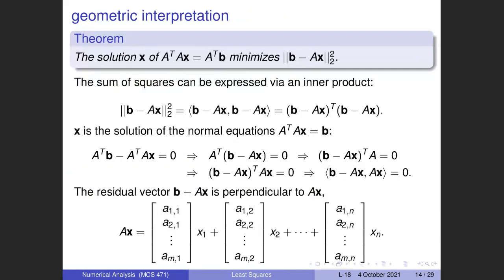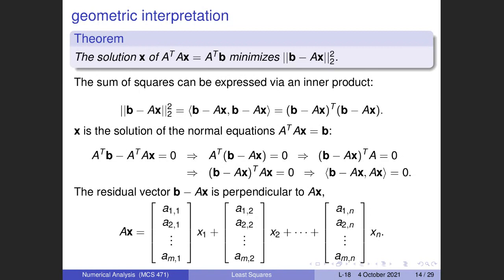Okay, so here is this. We derived the least squares problem via partial derivatives, the way you would do this in calculus. But we can also see this differently, more with linear algebra. The sum of squares is actually an inner product.